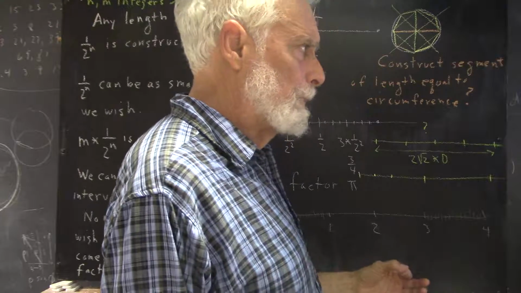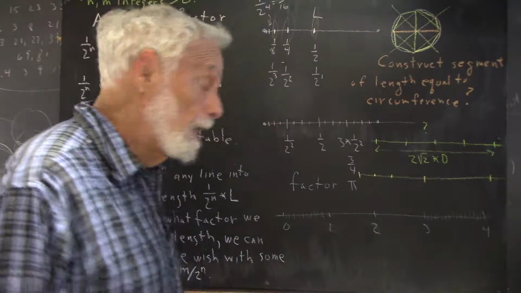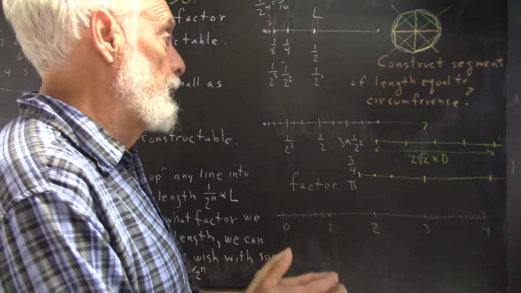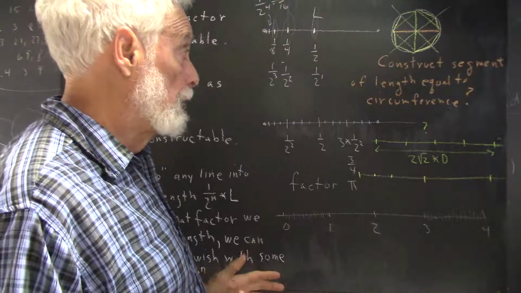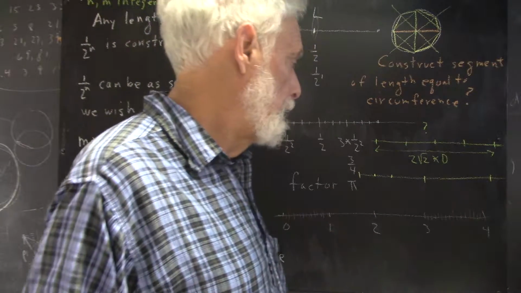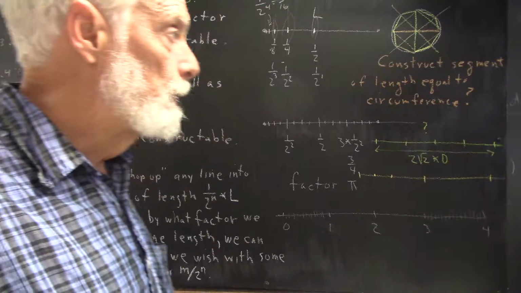And at 20 steps, we're going to have over 1 million segments. So it's going to take a while to construct it, but maybe we can write out the mathematical expression for the length of those segments and evaluate it and determine better and better approximations to pi.